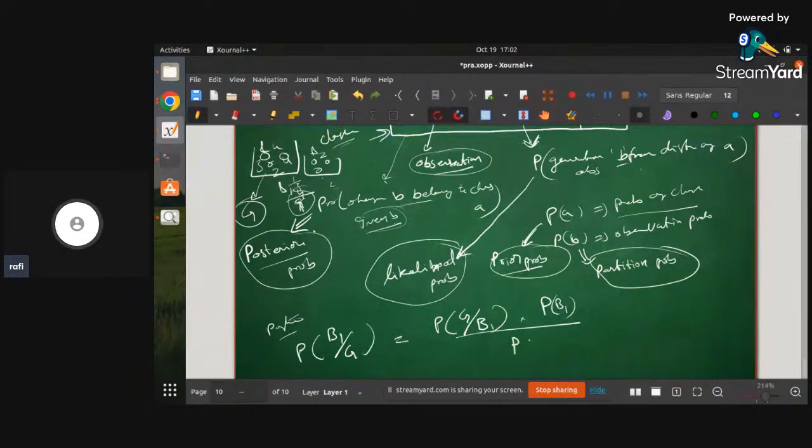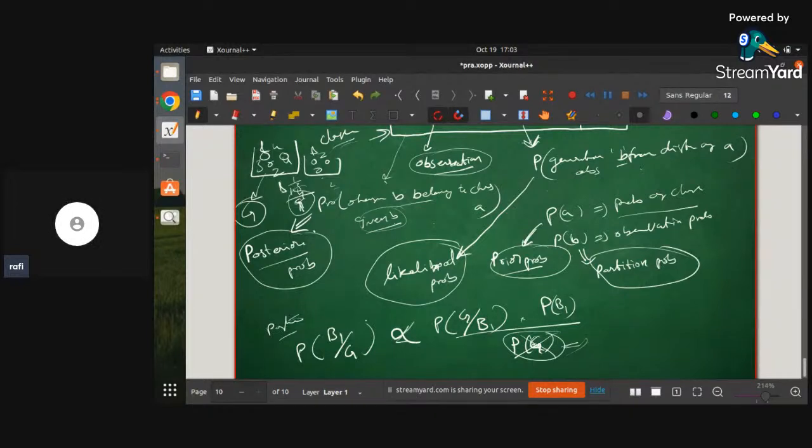And it is divided by the probability of a green ball. The probability of a green ball is the overall probability, what is the probability of taking a green ball irrespective of the boxes. Okay. So you can ignore this denominator, since there is no condition on the boxes. So you can put a proportionality term here.